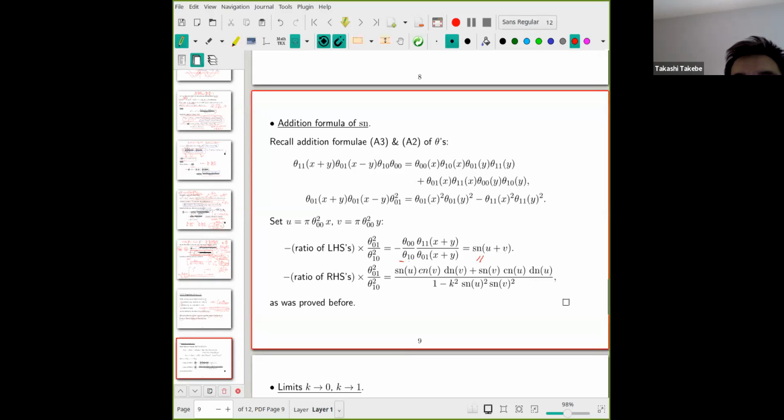By definition, this one. It's too messy, so let me omit writing it explicitly.